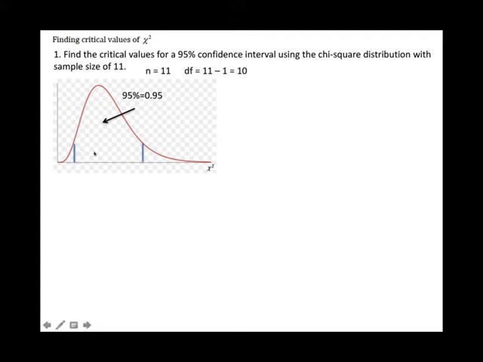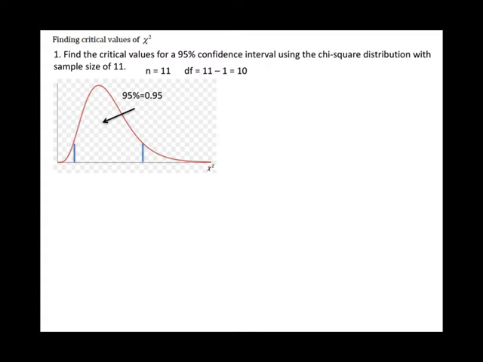We assume the 95% area is in the middle, so the left tail and the right tail should have the same area. My graph doesn't do a good job here, but you have to remember that the area of the left tail equals the area of the right tail. First, we need to figure out the area for each tail.